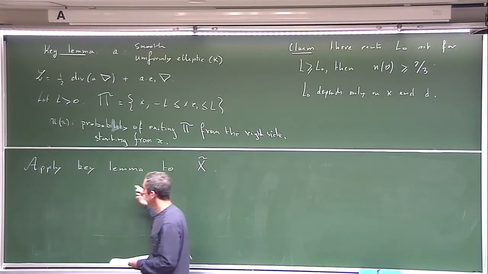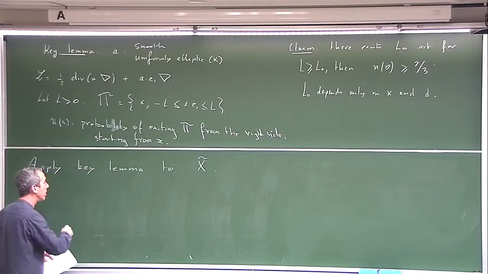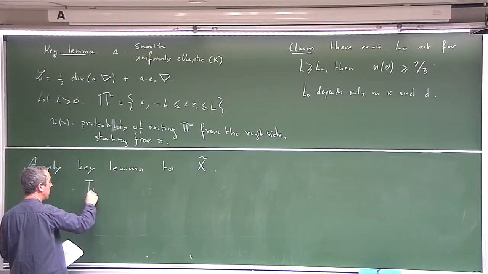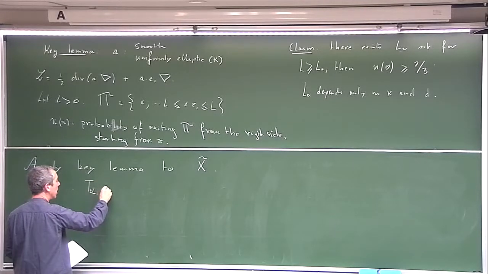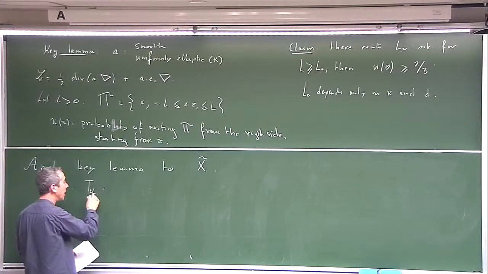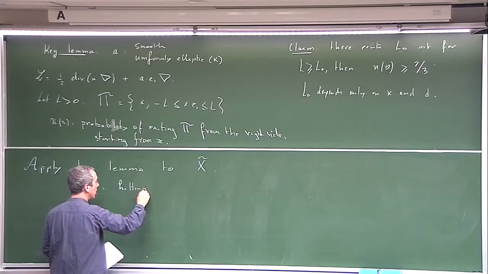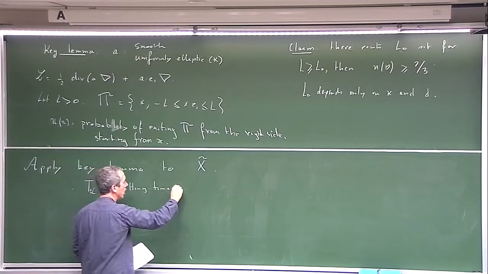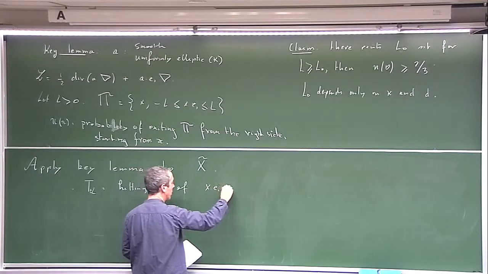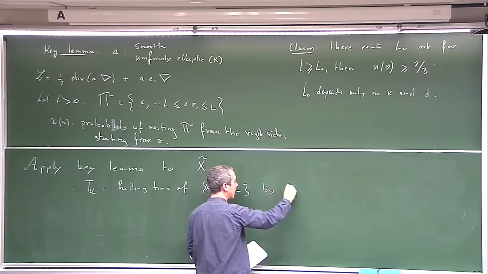Now, we apply it to x tilde and then we translate the result to the scale of x. So let me write T_L, plus or minus L, to be the hitting time of the hyperplanes on the right and on the left by x. So this is the hitting time of the hyperplane x dot E1 equals plus or minus L by x.